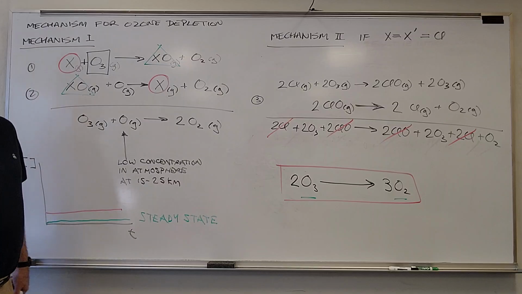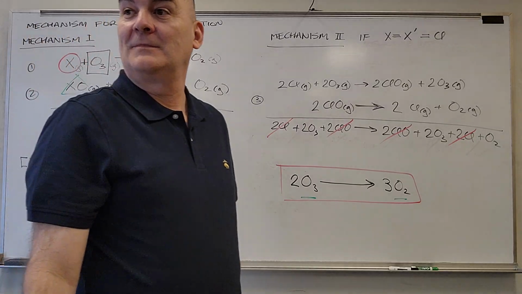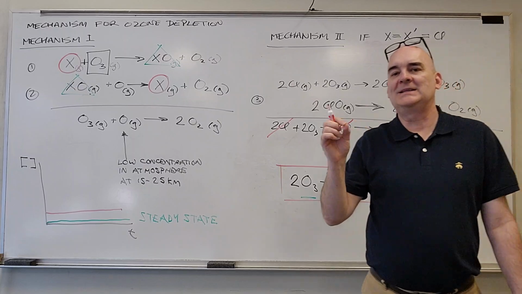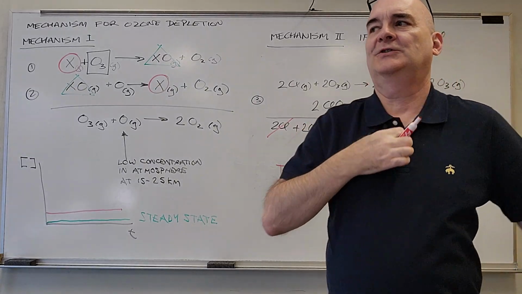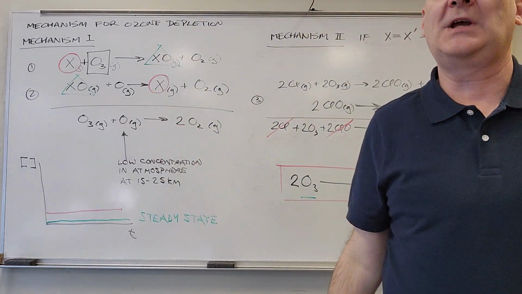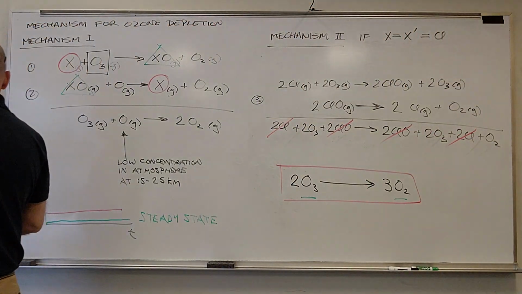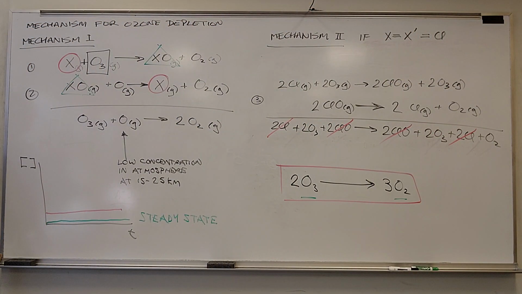It also stays the same. It's a catalyst. It's required for the reaction to work, but it does not get consumed. Its concentration does not diminish over time. That just leaves us the black line.